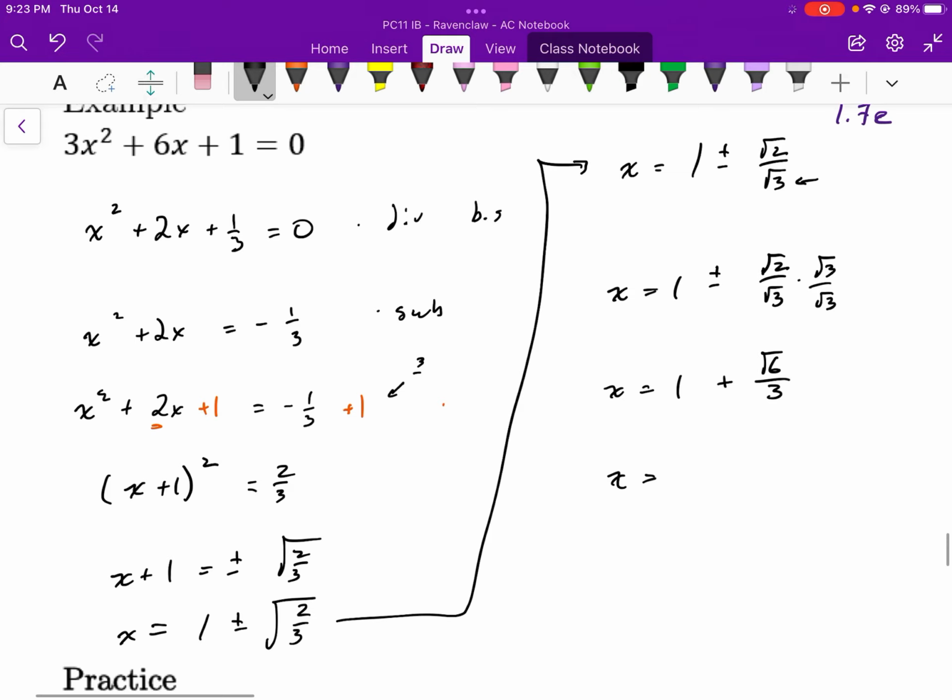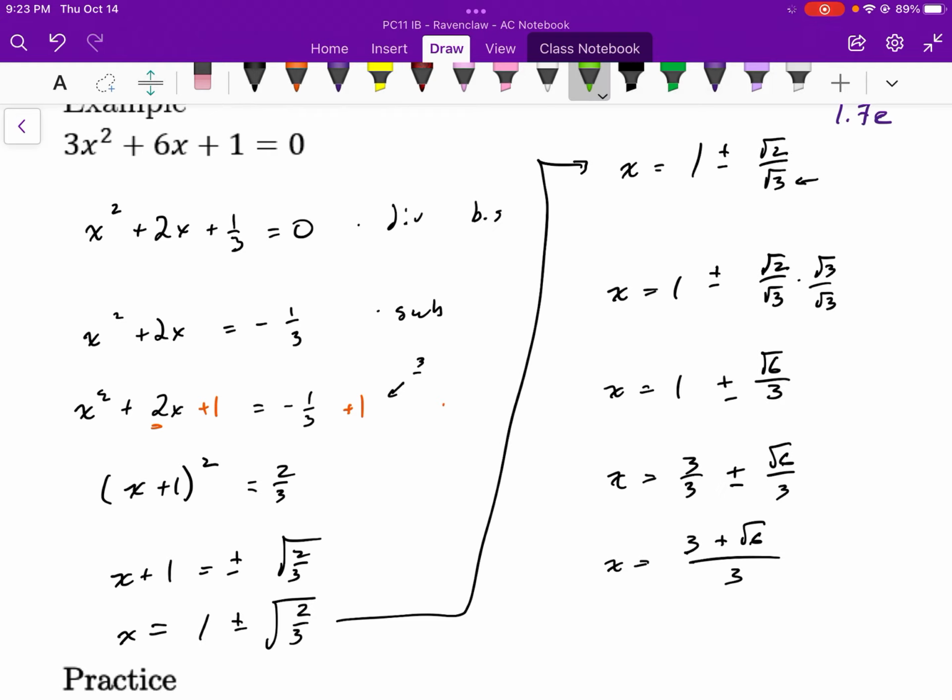Now, I'm almost done. I'm going to put this over a common denominator of 3. So my 1, I'm going to write as 3 over 3, over root 6 over 3. So really, this is going to be negative 3 plus or minus root 6 over 3.